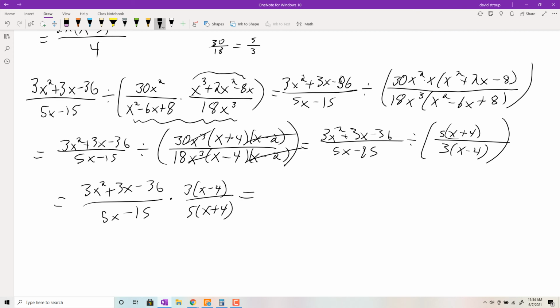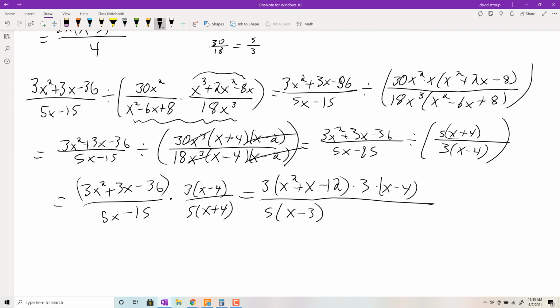Okay, so factoring now, factor this. First I could pull out a GCF of 3. Downstairs I could factor out 5. And then I got to factor the x squared plus x minus 12.